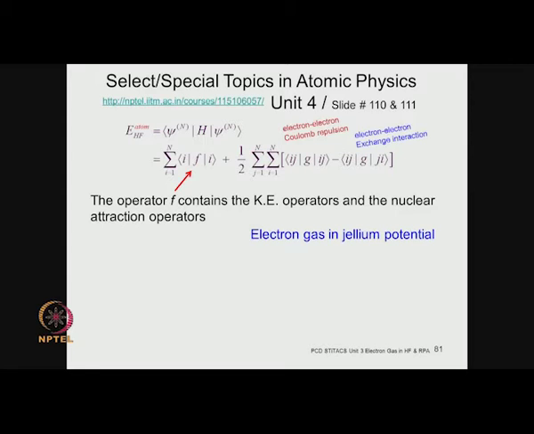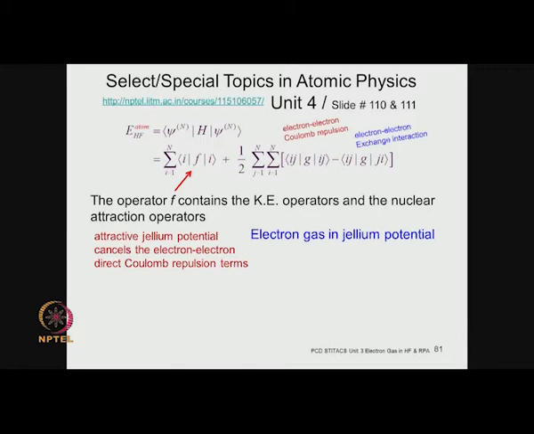So, we have first of all the electron gas and a Gellium potential, and we also know that this term, which is coming from the Coulomb term, would go, because this is the one which cancelled the electron-electron direct Coulomb repulsion term. This would cancel the attractive Gellium potential, as we have discussed, right.